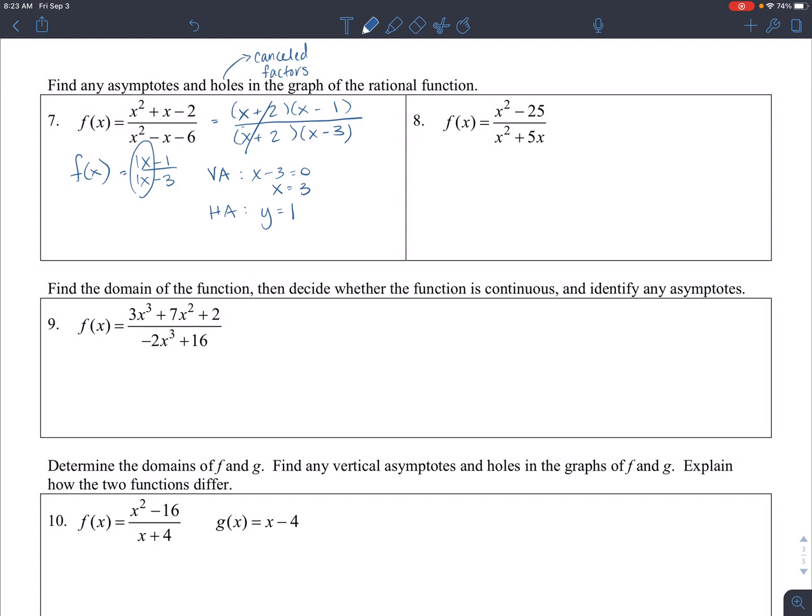Now we also have a hole at the canceled factor. So we set x plus 2 equal to 0, and that means we have a hole at negative 2. All right, let's go ahead and repeat that on number 8.